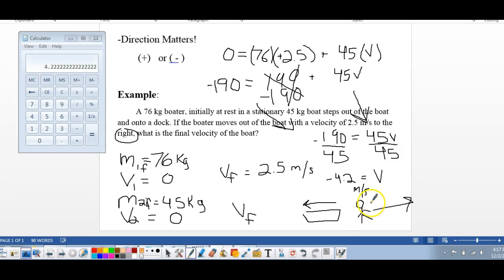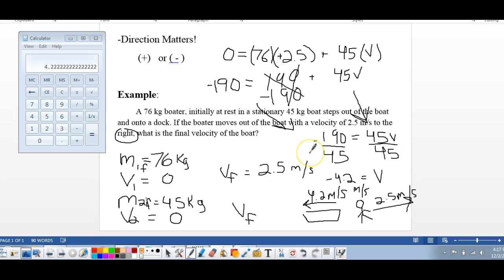So if he steps out at 2.5 meters per second, the boat is going to go in the opposite direction, 4.2 meters per second. And that's an example of how you solve these.